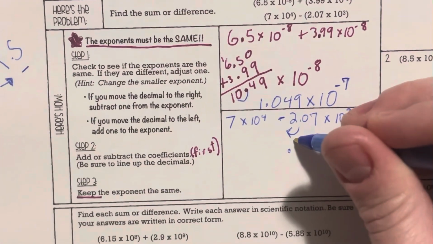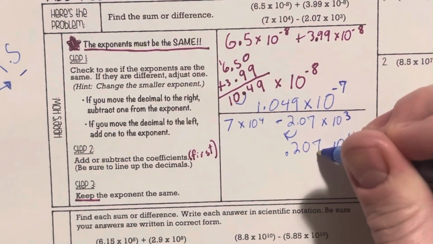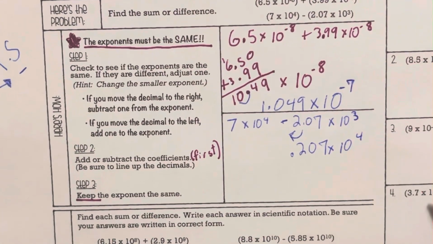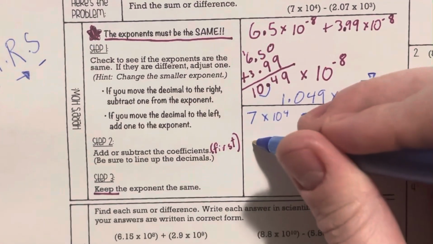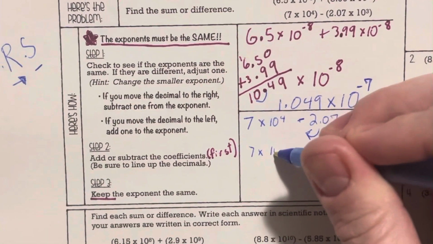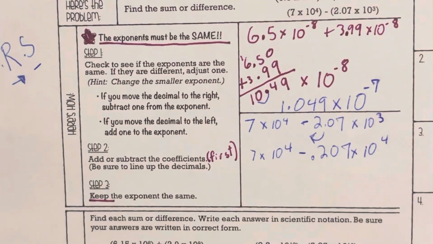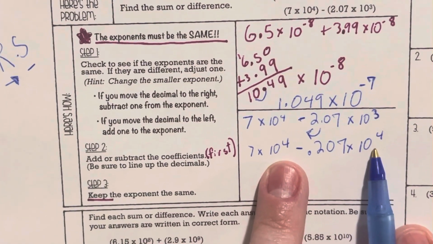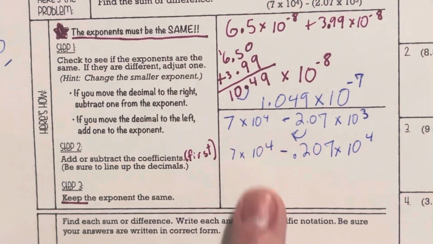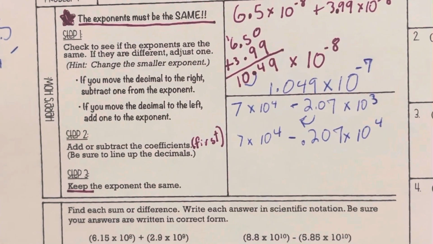Okay, 0.207. There. Now I'm ready. Bring on down the rest of the problem. Now I have 2 powers that are the same, and when they're the same, I can start adding together.